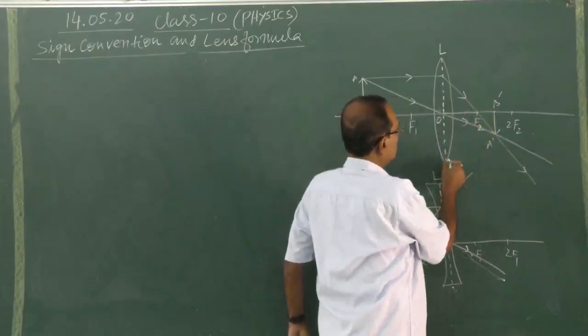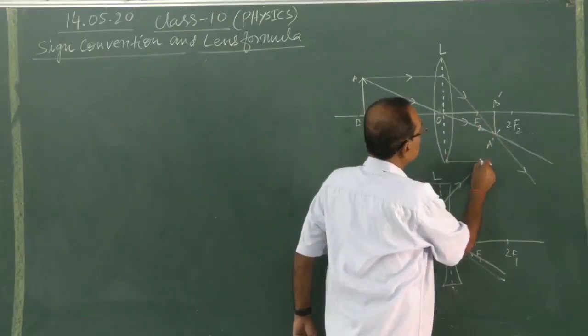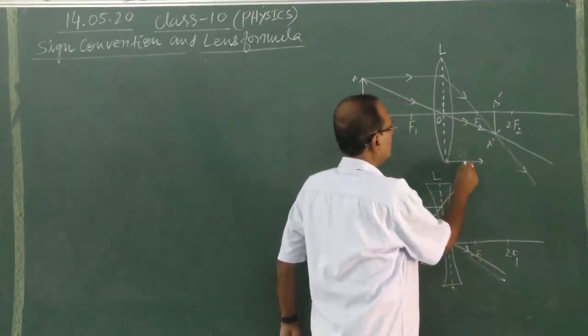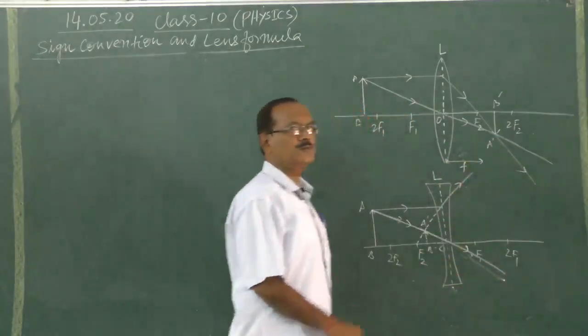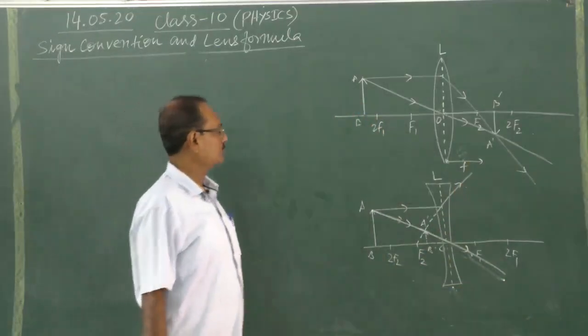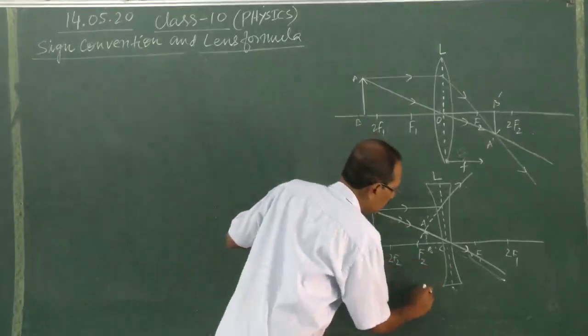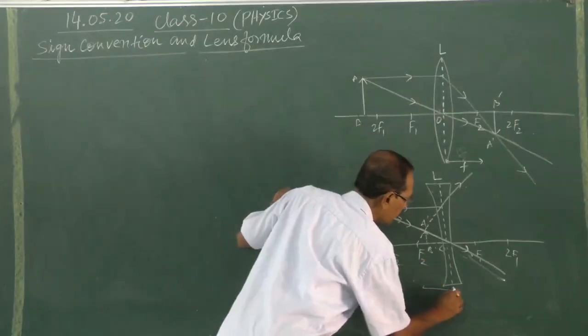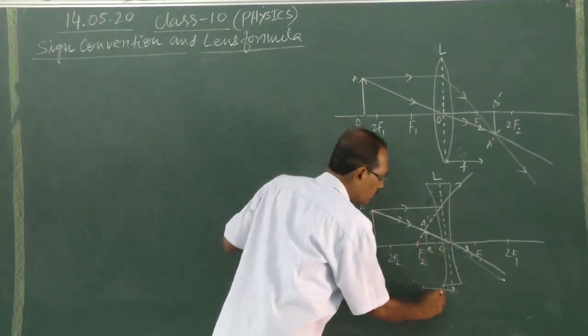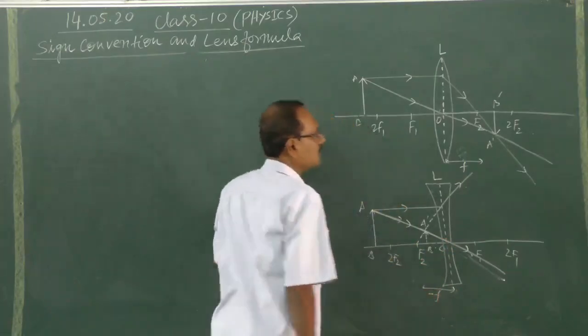This second focal length OF2 is measured by small f. The small f for a convex lens will be taken positive, while for a concave lens it is in the opposite direction, OF2, so f will be negative.